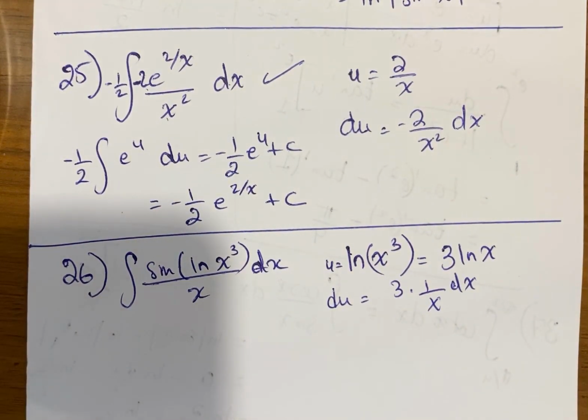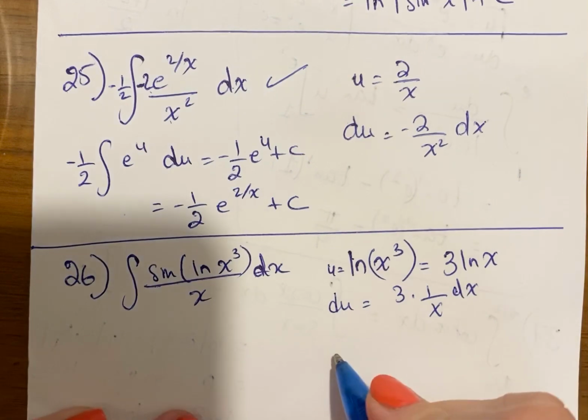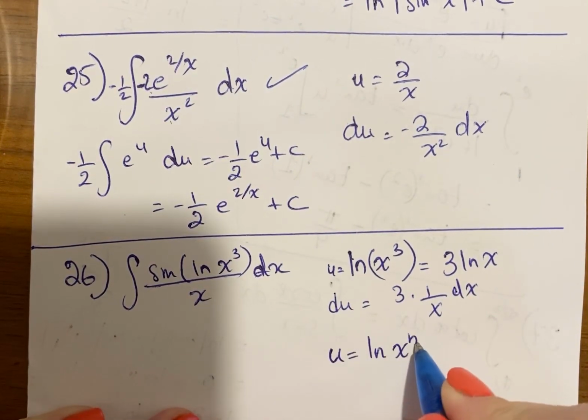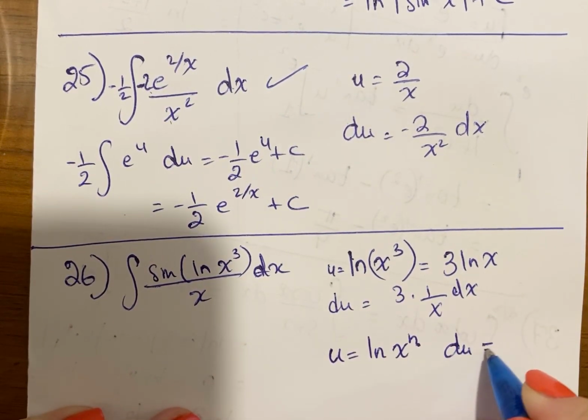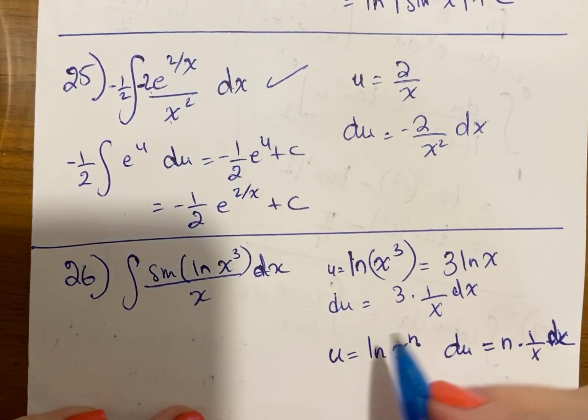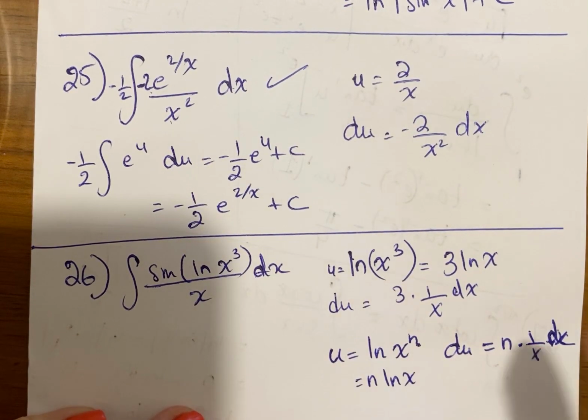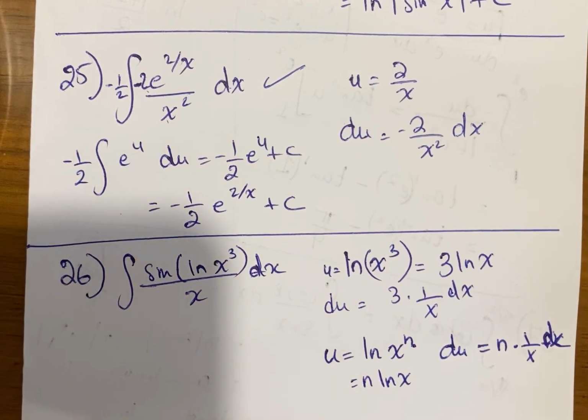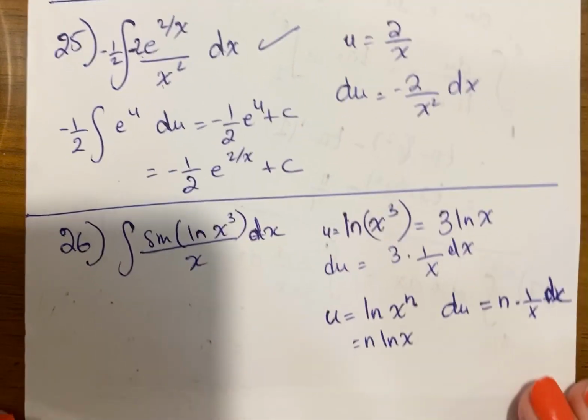So whether it's ln x cubed or ln x alone or ln x squared or ln root x or ln of any power of x, what is the derivative? n times 1 over x dx, because this is written as n ln x, and then the derivative will be n times 1 over x dx.